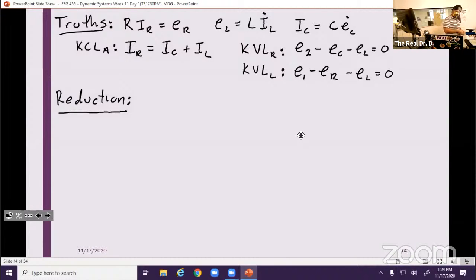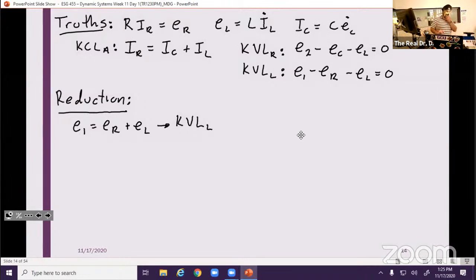I'm going to start with this equation, which is just my KVL from the left-hand side. Well, just rearrange it. Do you have to start here? No, you can start with the right-hand side. You can start with the KCL, right, if you want. It doesn't matter. You'll get to the same spot. It's just got to start somewhere.